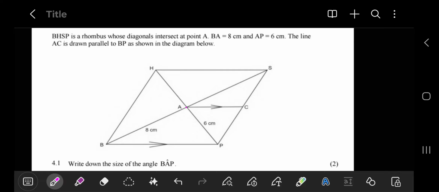So you guys, the first thing that you should start off with here is the fact that this quadrilateral is a rhombus. So let's fill in our properties of a rhombus. We know that opposite sides are parallel.